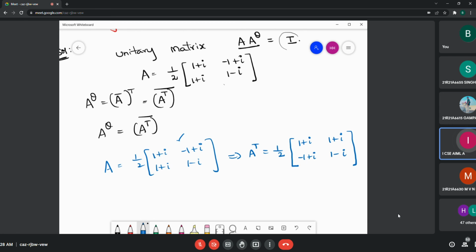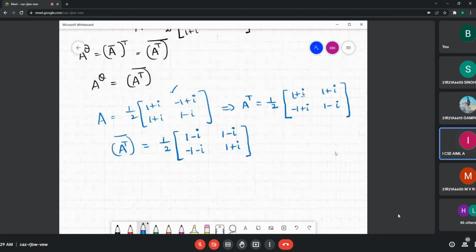And now we have to write the conjugate of that matrix. So A transpose whole conjugate is equal to 1 by 2 into the conjugate, which means we take the negative of the imaginary part. So we get 1-i, and next is also 1-i, then -1-i and 1+i. You only change the sign of the imaginary numbers.